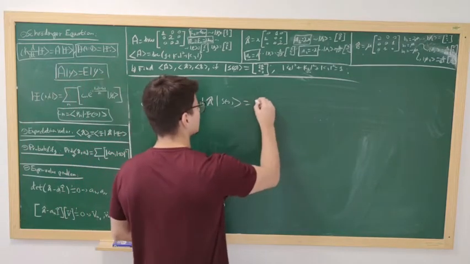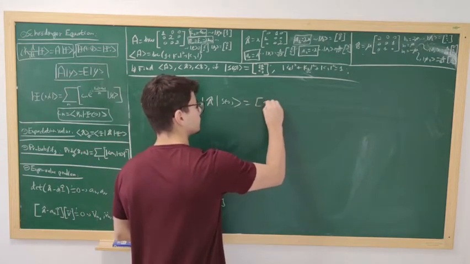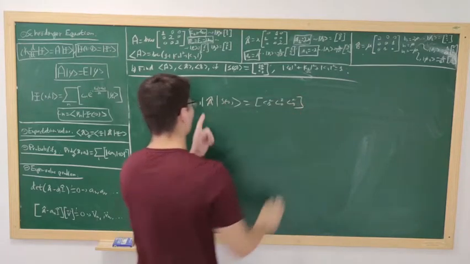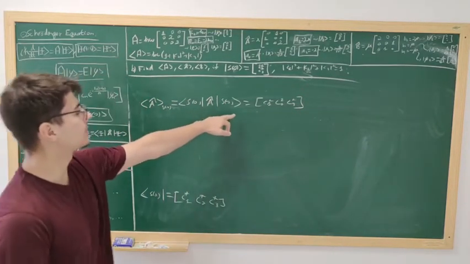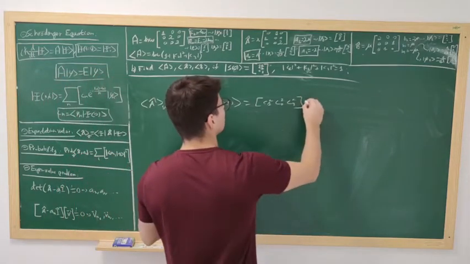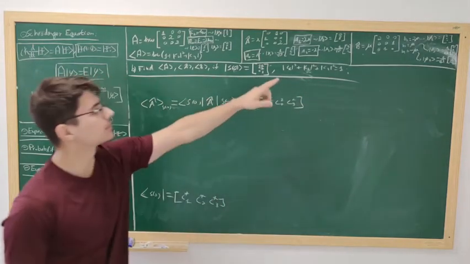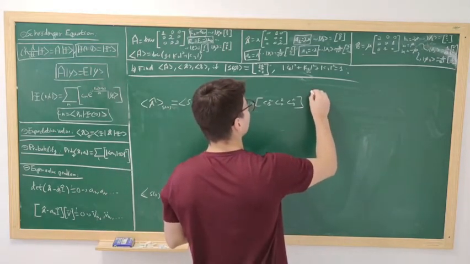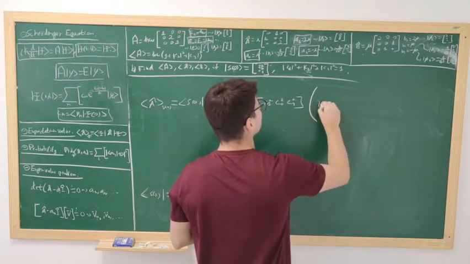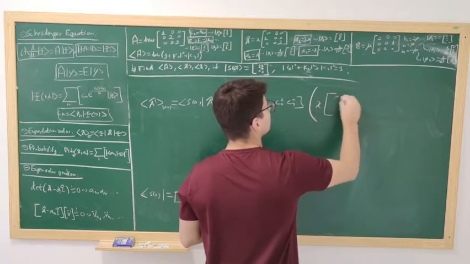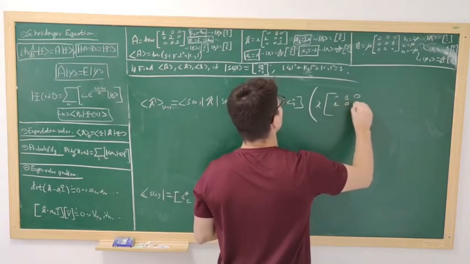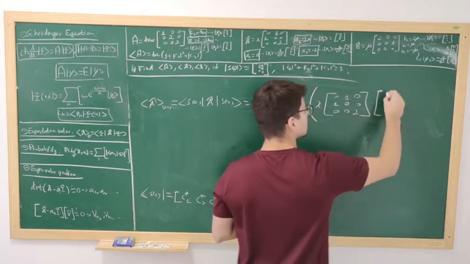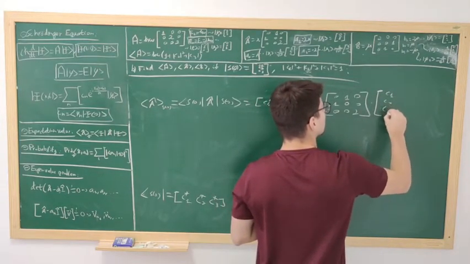In this case, we have the same as before, C1, C2, C3, but here we have to multiply A times S0. So we multiply by the matrix, and let me just put it like this. We have to do this multiplication, 0, 1, 0, 1, 0, 0, 0, 0, 2 times C1, C2, C3.